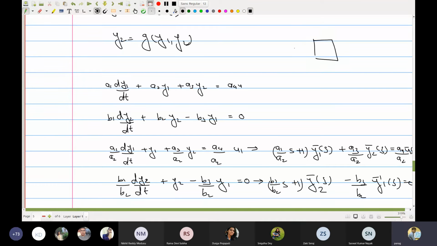So in general, if you have u as the input and y as the output, how do you write the equation? You write the equation as a1 dy by dt plus a0y equals b times u, right? This is the general first order equation. Okay.